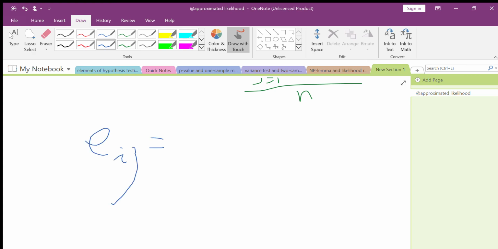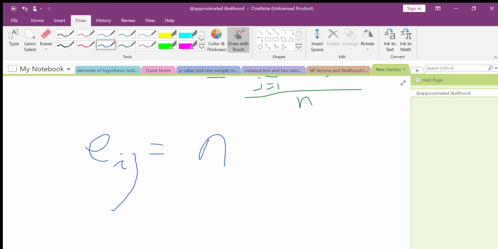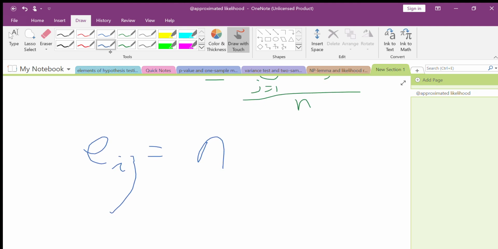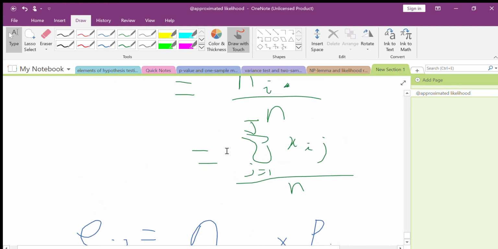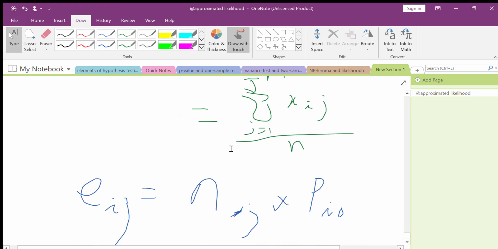Eij is actually n dot j times Pi0, and we have Pi0 as ni dot divided by n.